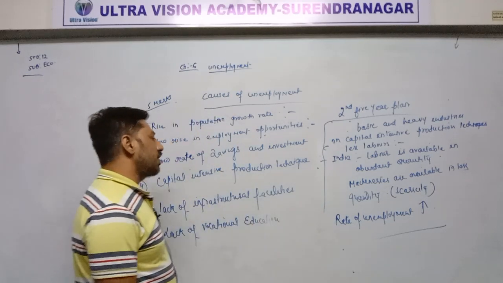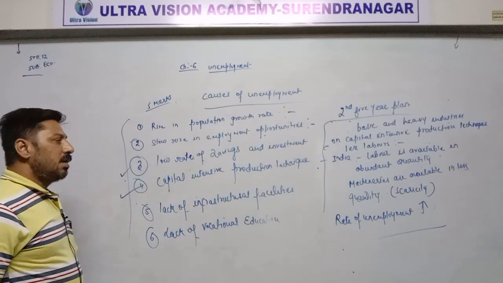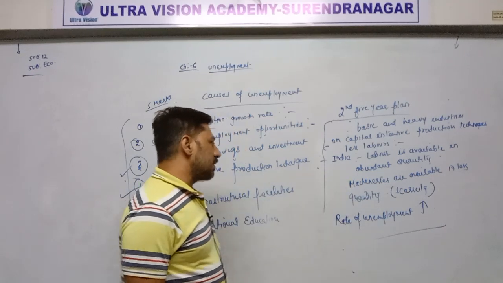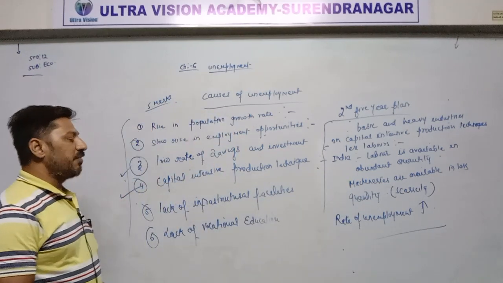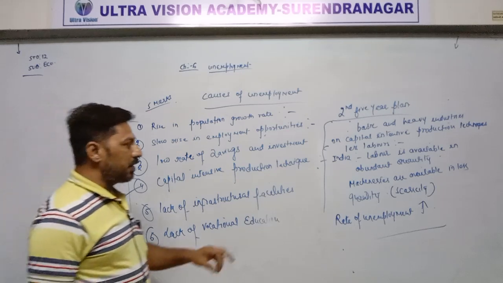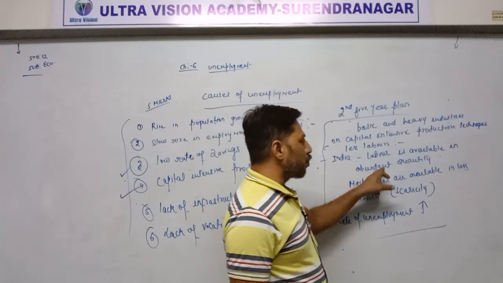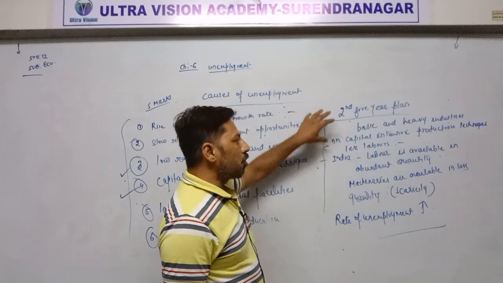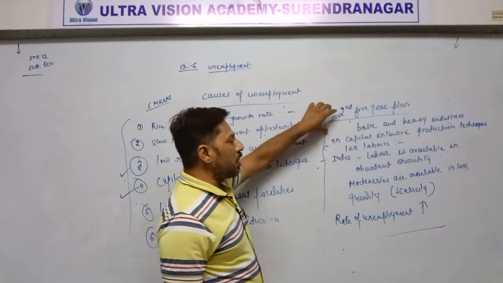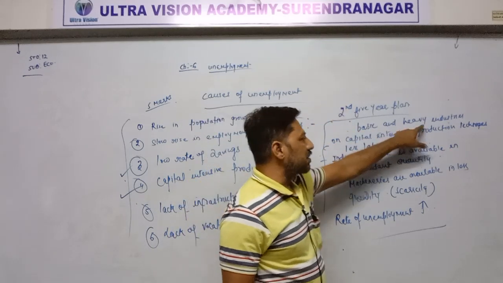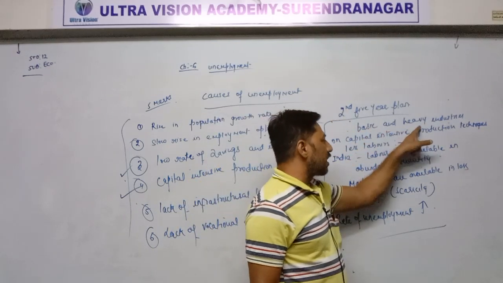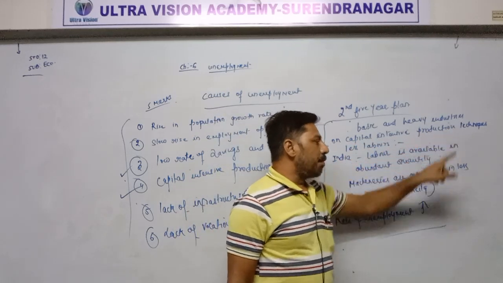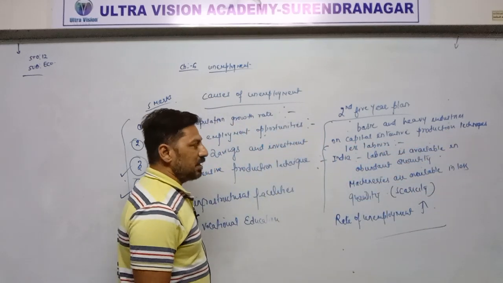So once again the explanation: in India capital is available in scarcity, means in less quantity, whereas labors are available in abundant quantity, means huge quantity. But in spite of this, government has focused more on development of basic and heavy industries, and these are completely based on capital intensive production technique, in which machineries are more and labors are less used.